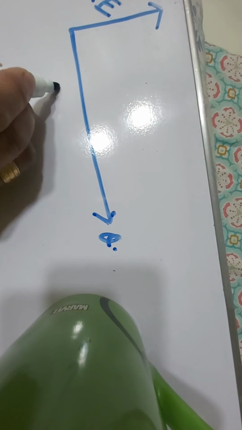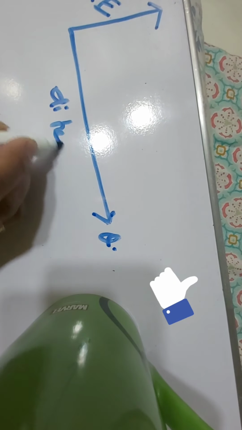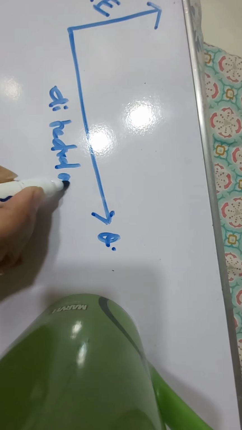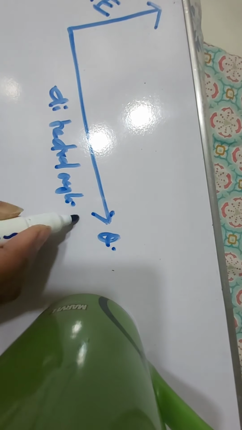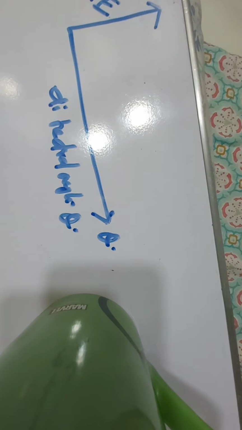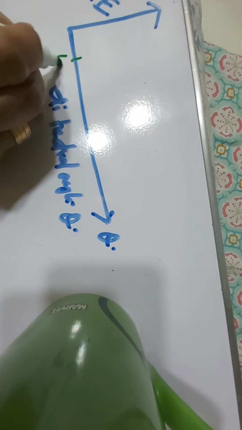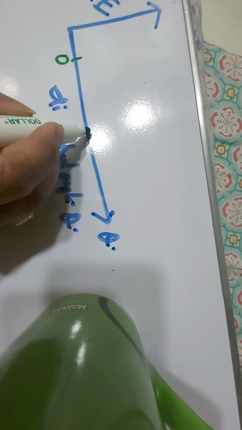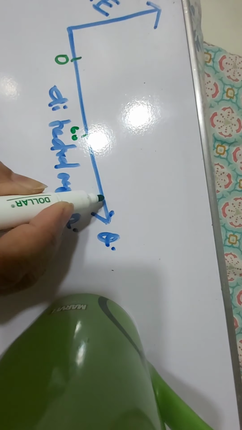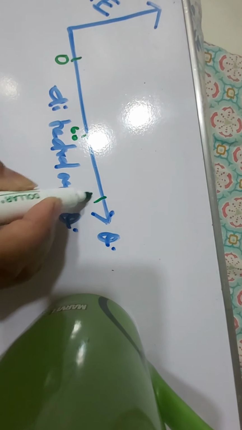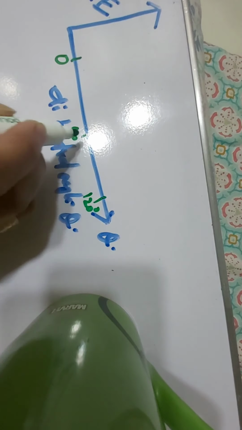And this is the dihedral angle theta, which equals 0 here, then 60, then 120 degrees.